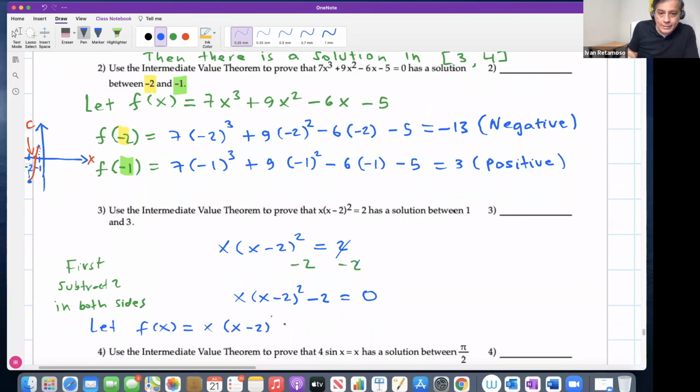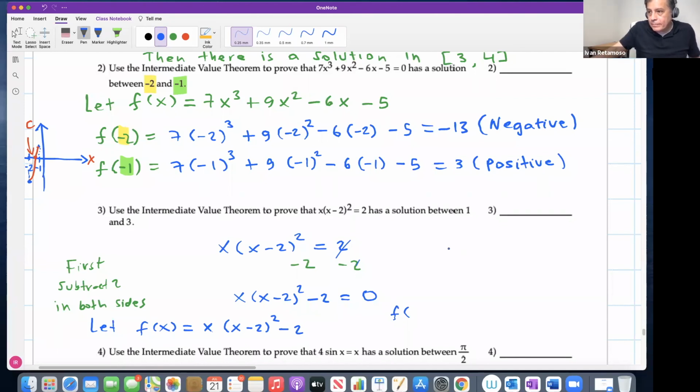So in case 0 is not on the right, you subtract whatever you have here, and then 0 will appear, then this will be your function. And then you do the couple of evaluations. In this case, the first evaluation will be, they want solutions between 1 and 3.